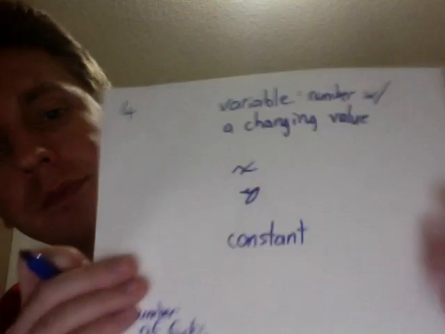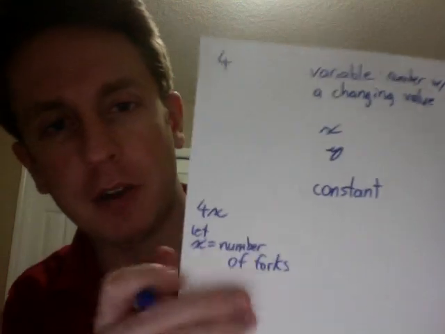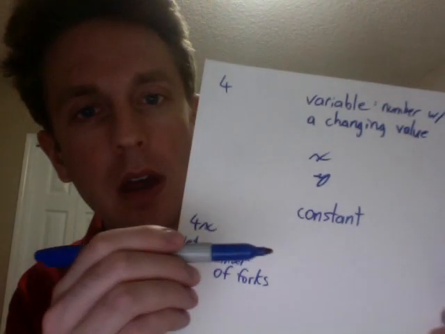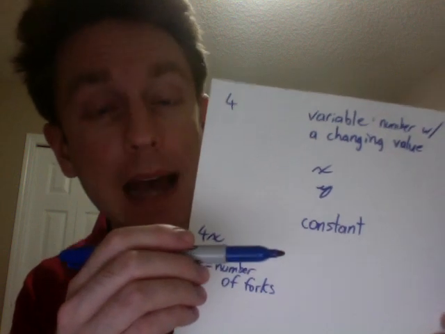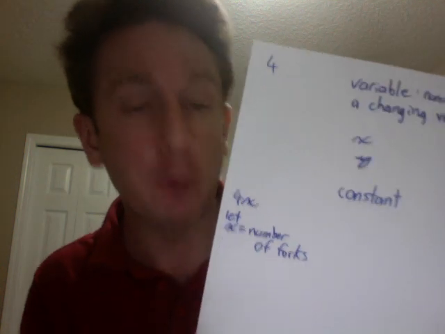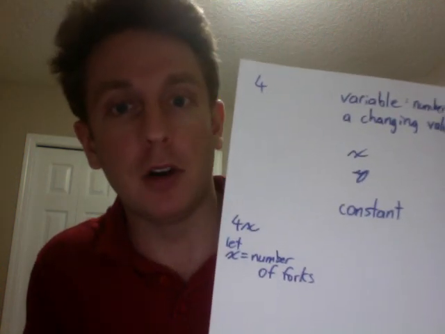So take a look right here. This is our expression there, right above the pen, for how many prongs we have. If we were asked what's an expression for the number of prongs, we could say 4x, because it's 4 times whatever the number of forks is.